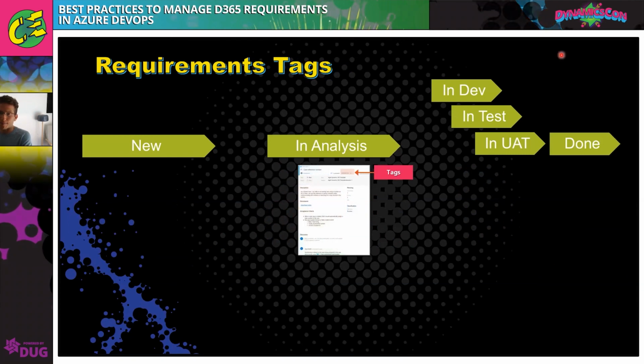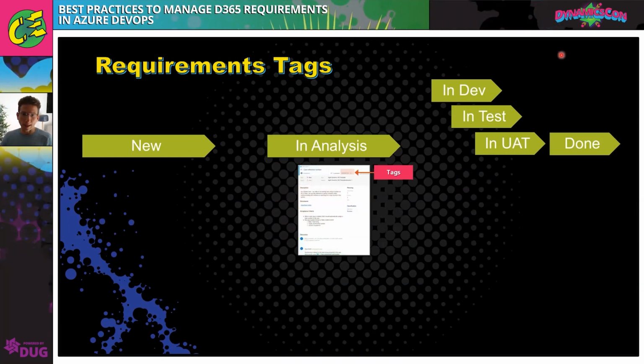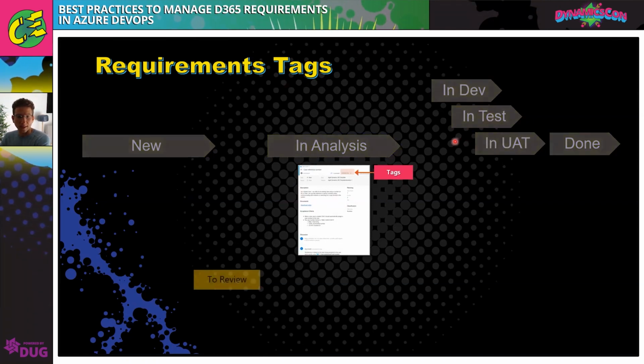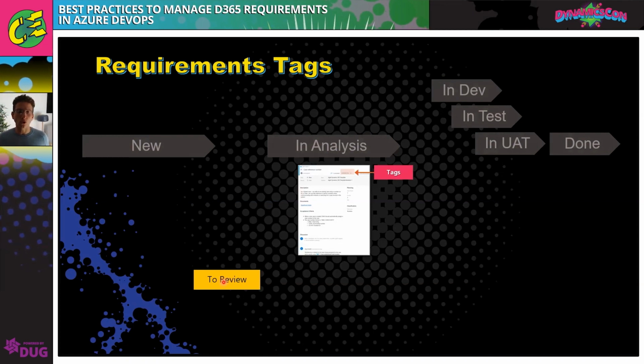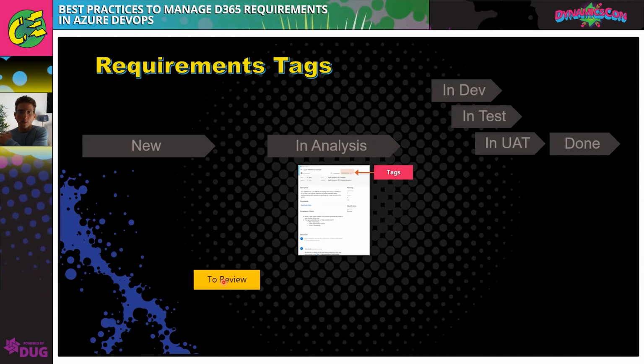Tags help me manage requirements as well, where I have some general tags that I use, like "to review". Whatever the state, I can use this tag to say I want to review that user story with my product owner or my team, because I have some questions I want to ask.